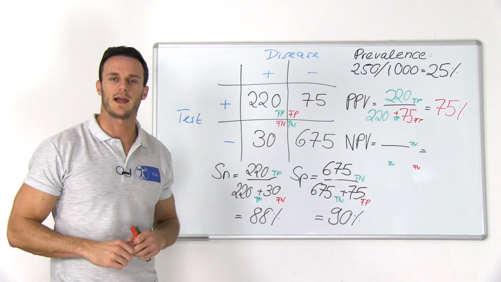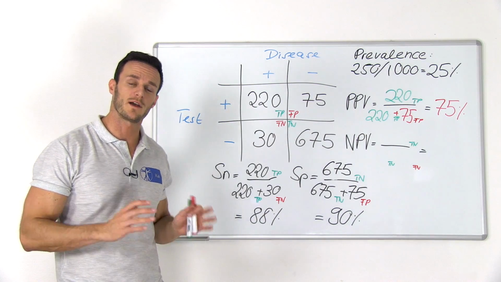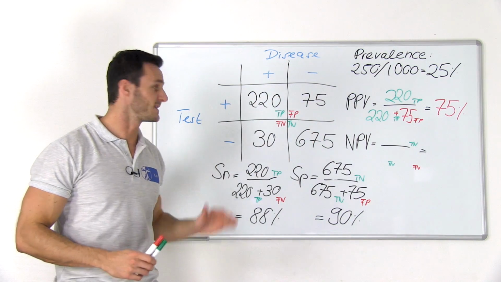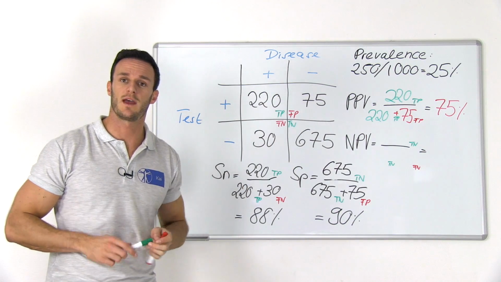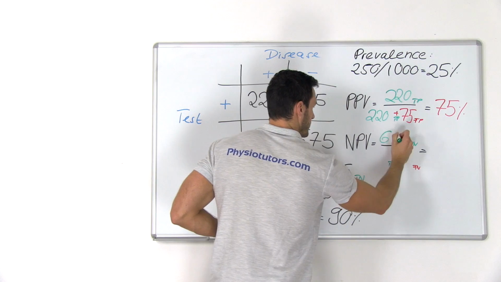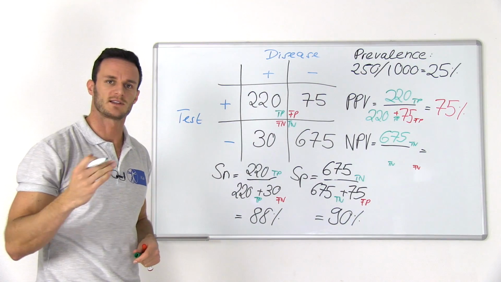Now, on the other hand, the negative predictive value is the proportion of patients who do not have the disease amongst all the patients who test negative. So in this case, we have to take all the true negatives, 675, and divide them through all the patients that test negative.